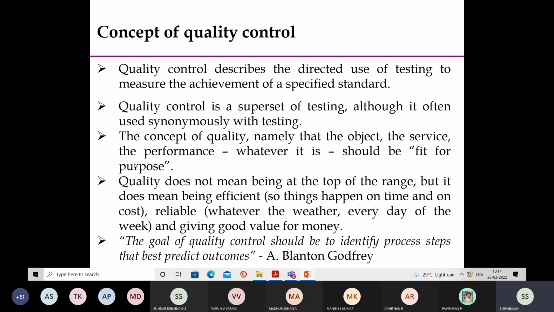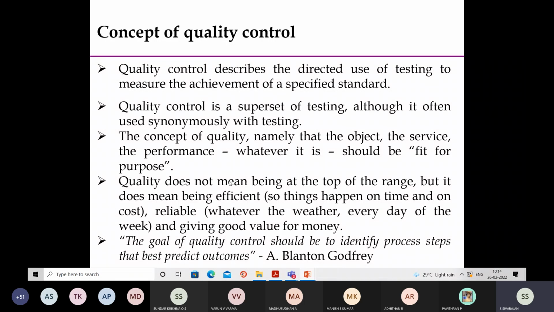The concept of quality, namely that the object or service performance should be fit for purpose, that's what Juran is telling: fitness for use. Quality does not mean being at the top of the range, but it does mean being efficient, so that things happen on time and on cost, reliable, whatever the weather, every day, giving value for the company.